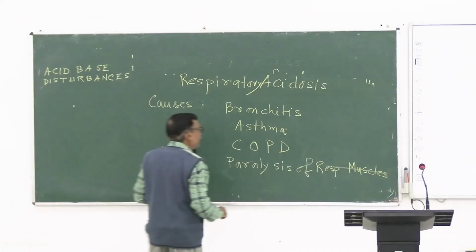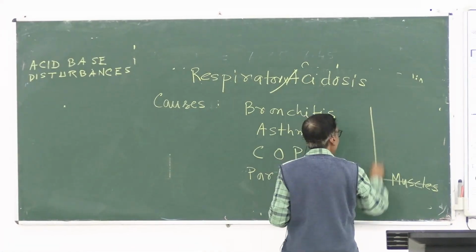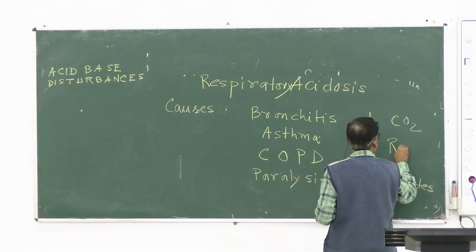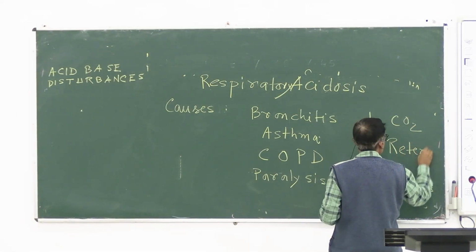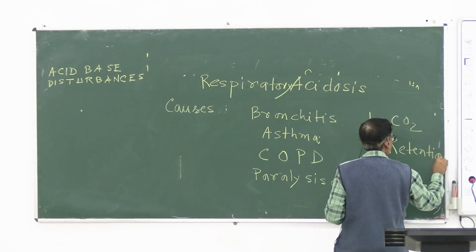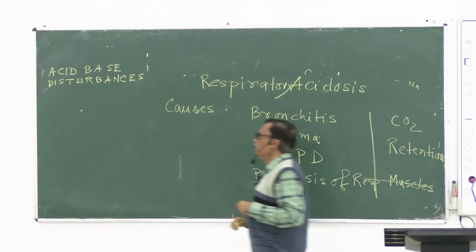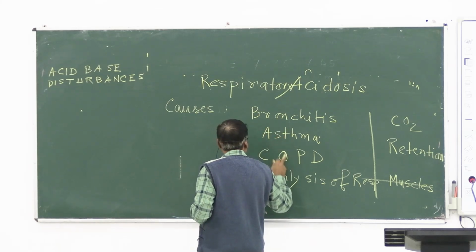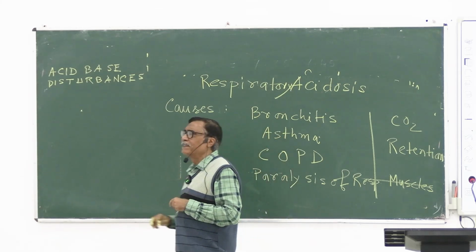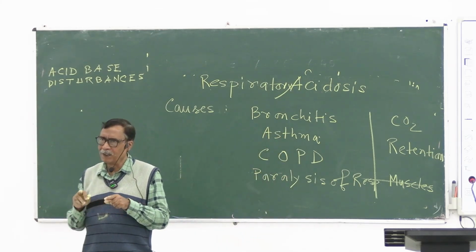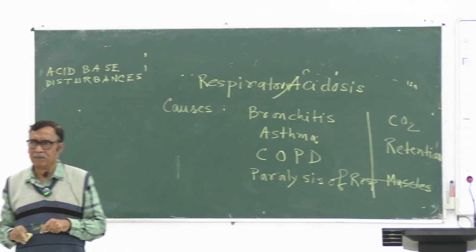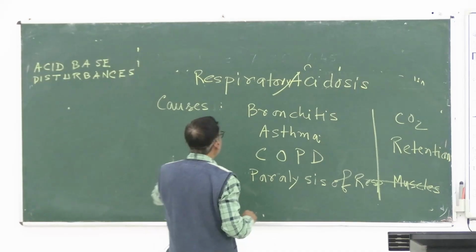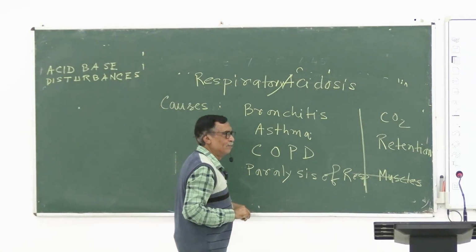In all cases there is carbon dioxide retention. All are respiratory causes, that is, the problem occurs in the lungs or in the muscles. So respiratory acidosis occurs in these conditions.